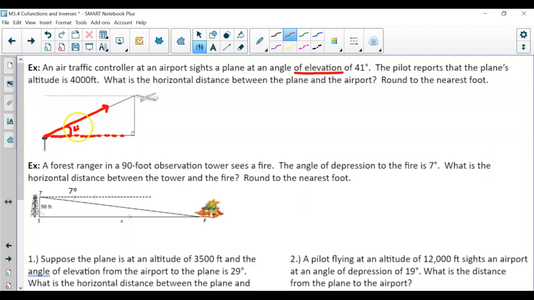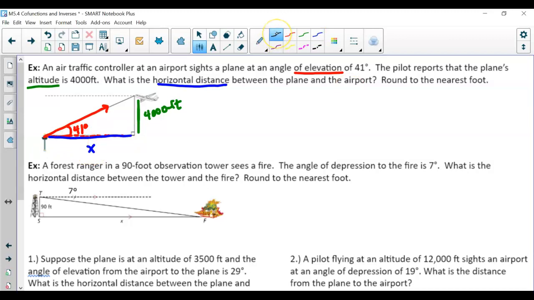So this here is your 41 degrees. The pilot reports that the plane's altitude, so the plane's height, is 4,000 feet. So the plane is 4,000 feet in the air. What is the horizontal distance? Horizontal, right here, from the plane to the airport. So you're solving for X.